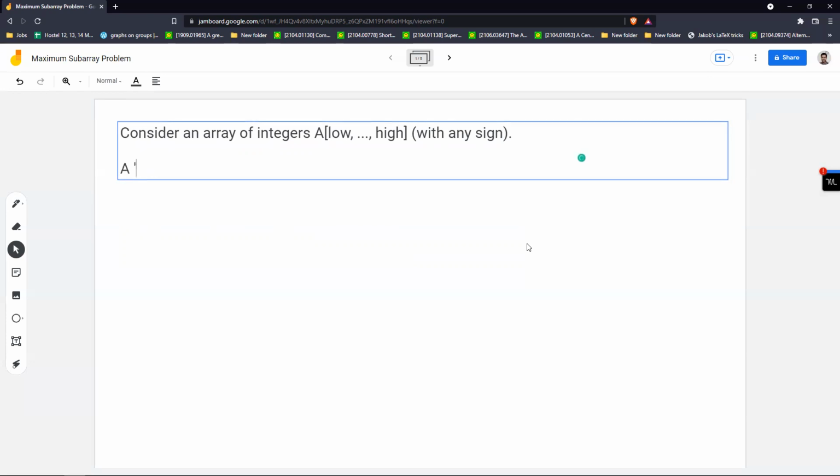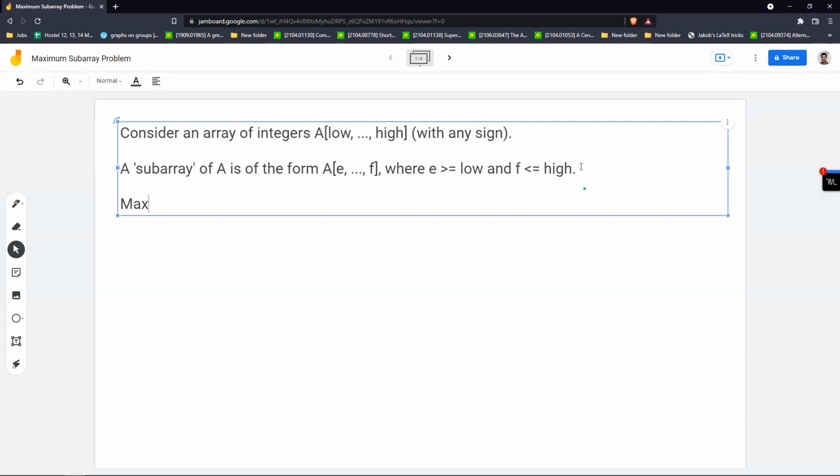A subarray of A is always of the form A of e up to some f, where e is greater than or equal to low and f is less than or equal to high.